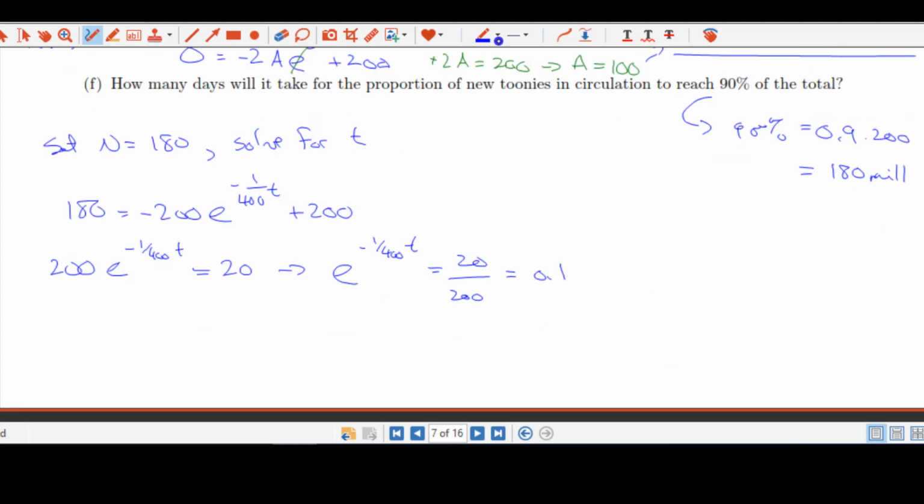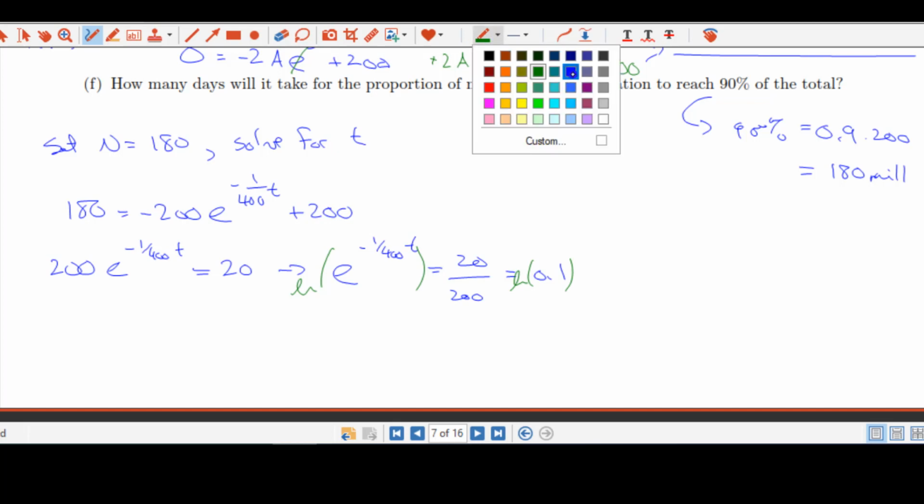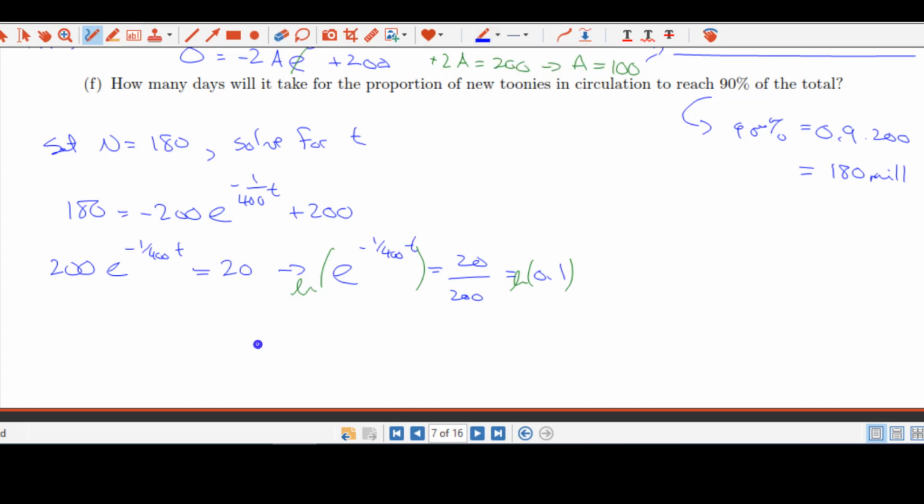Now we go the opposite direction from earlier, because we're trying to break into an exponential this time, so we slide a logarithm in front of these guys, and we get negative 1 over 400t is equal to ln of 0.1. And so t is equal to negative 400 times the ln of 0.1.